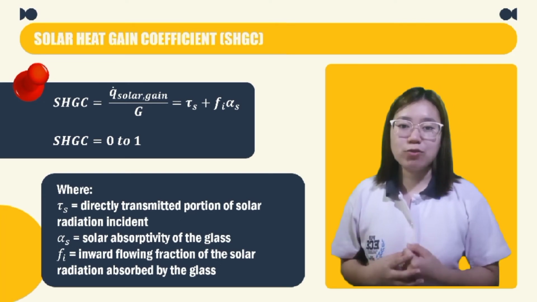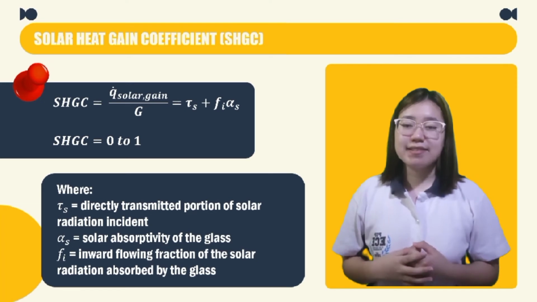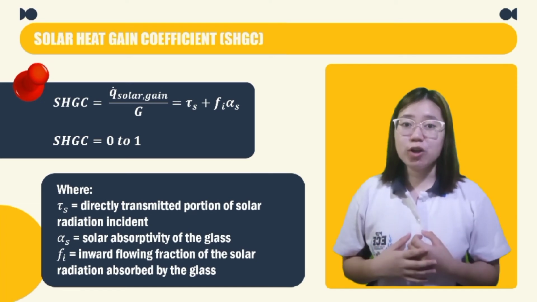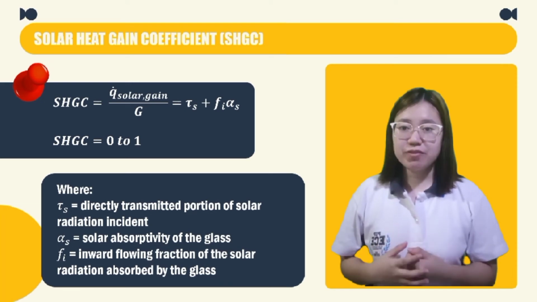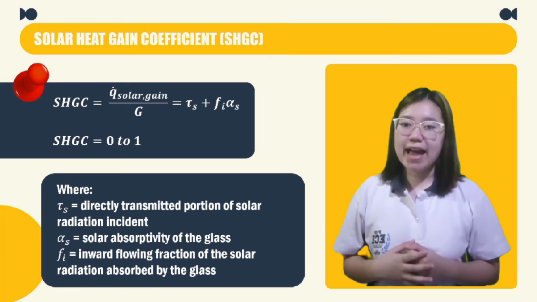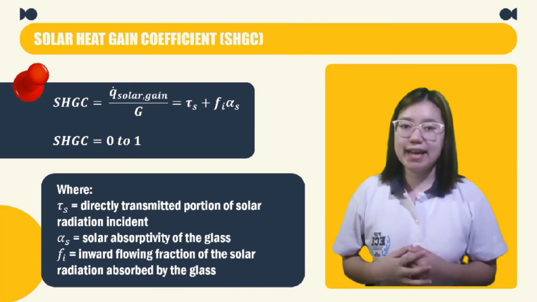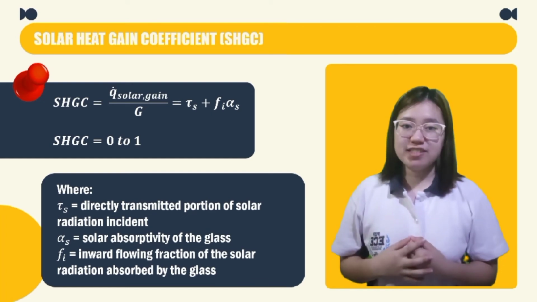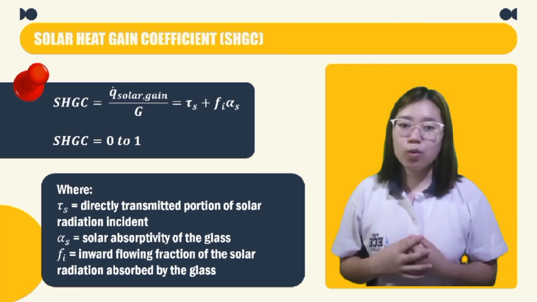It is equal to τ_s plus F_i times α_s, where τ_s is the directly transmitted portion of solar radiation incident, α_s is the solar absorptivity of the glass, and F_i is the inward flowing fraction of the solar radiation absorbed by the glass. The value of SHGC ranges from 0 to 1, with 1 corresponding to an opening in the wall or the ceiling with no glazing.